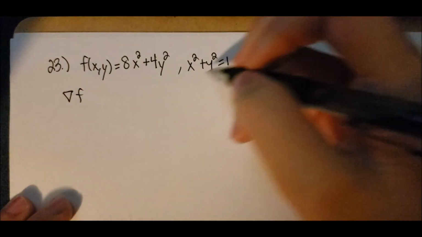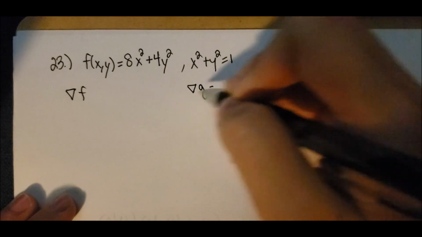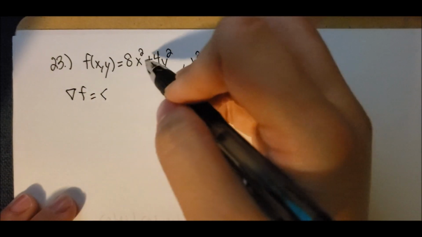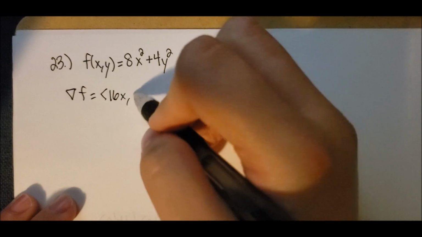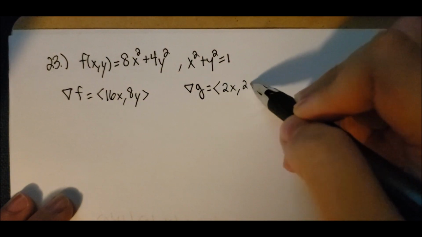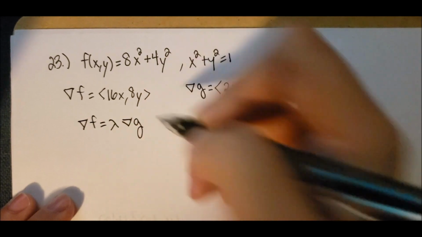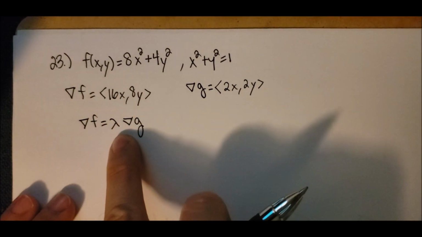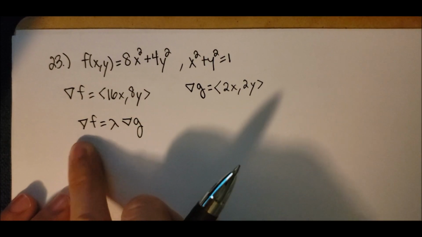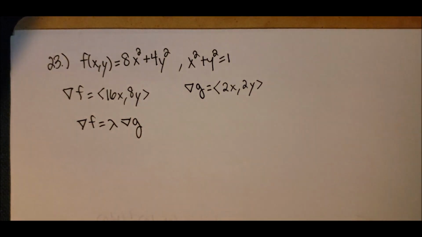So I'm going to find the gradient, and this is g. Gradient of f is 16x, 8y. So you've got to find some multiplier that equates the gradient of f and the gradient of g.